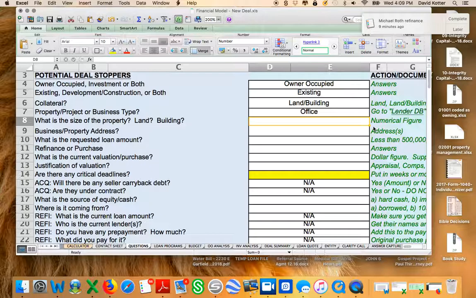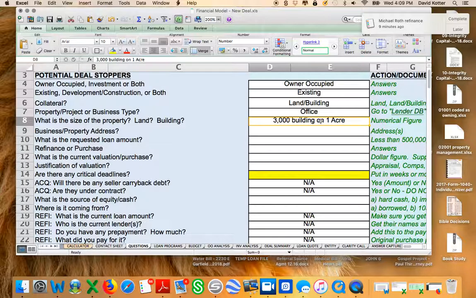Then we go to the size of the property to show us what is the specific dimension. So is it a 3,000 square foot building on 1 acre? That is good information to know. And again, it's a numerical figure that you're going to have.